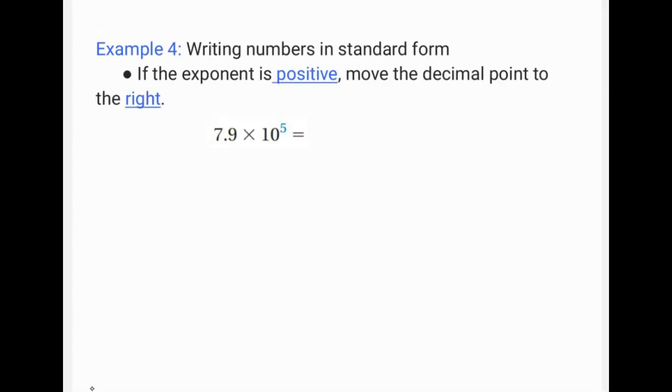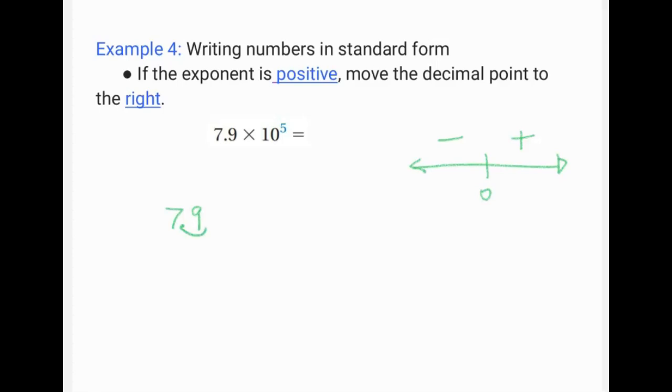In example 4, we have 7.9 times 10 to the 5th power, and the 5 is a positive exponent, and we want to change this into standard form instead of scientific notation. So again, on a number line, when we have a 0, negative is on the left, positive is on the right. So we're going to take our factor of 7.9 and move it 5 places over to the right.